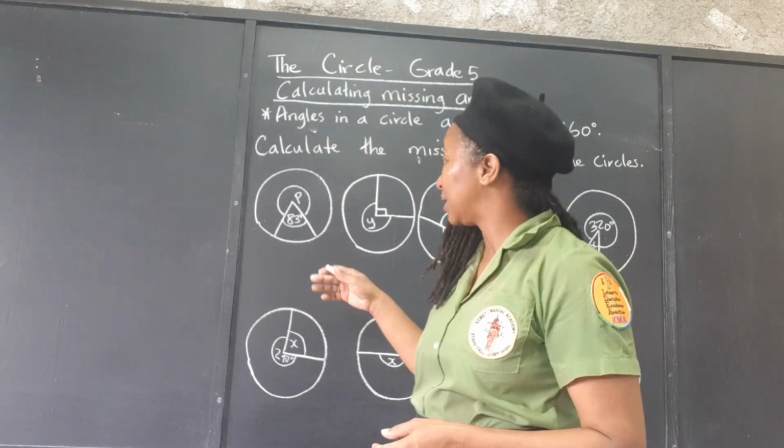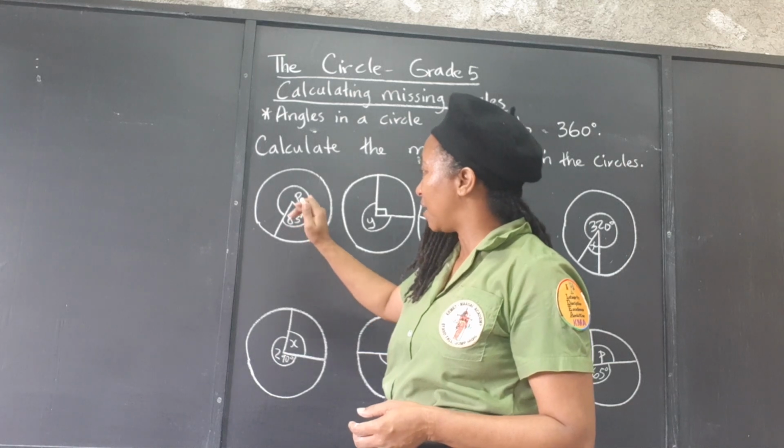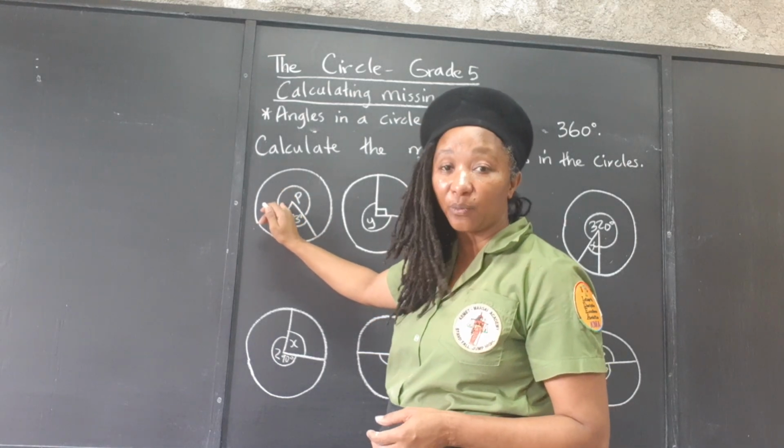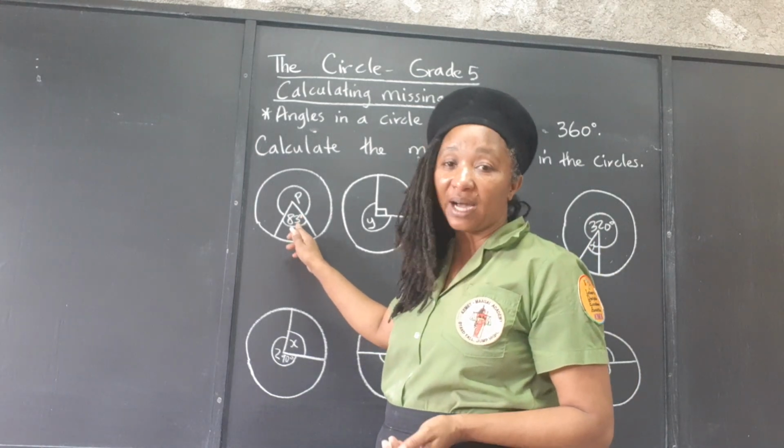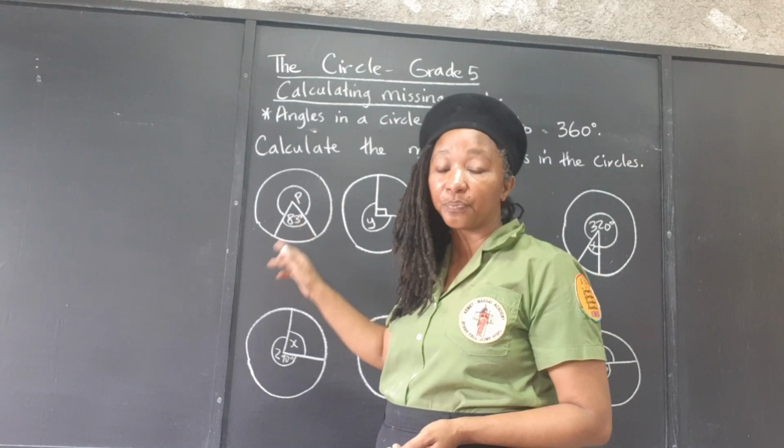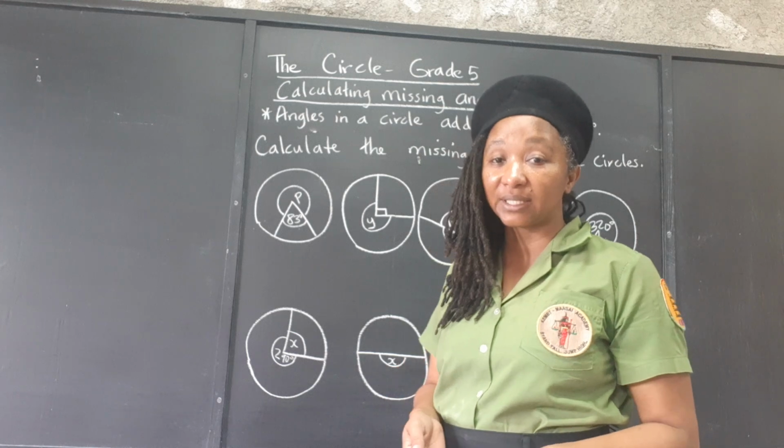So we're told this circle is divided into angle P, which is the missing angle. We don't know what P is, but we know that this minor angle here, the smaller angle, is 83 degrees.